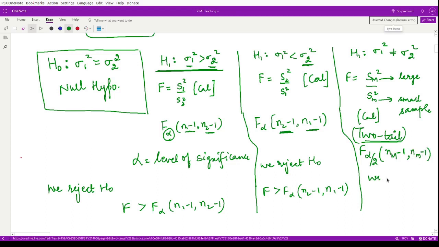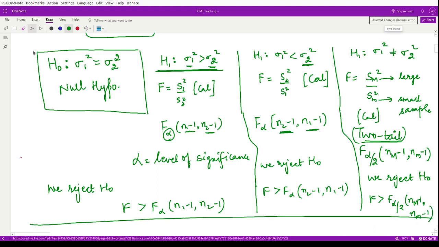In this case, we reject H naught whenever your F is greater than F of alpha by 2, with n capital M minus 1 and n small m minus 1 degrees of freedom. So this is how you will perform this test. Tomorrow we'll see some examples related to this, so you will understand this test in a better way.